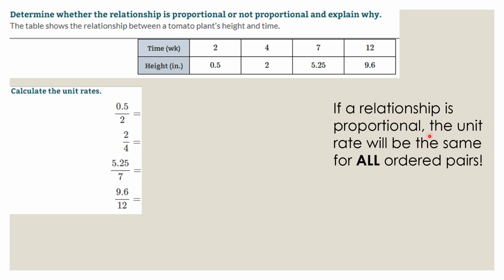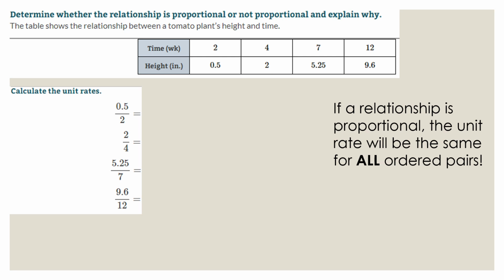If the relationship is proportional, the unit rate will be the same for all ordered pairs. So all we need to do is set up our ordered pairs with our y's on top and our x's on bottom. See, y over x, y over x, y over x, y over x. And then we can find their unit rates.